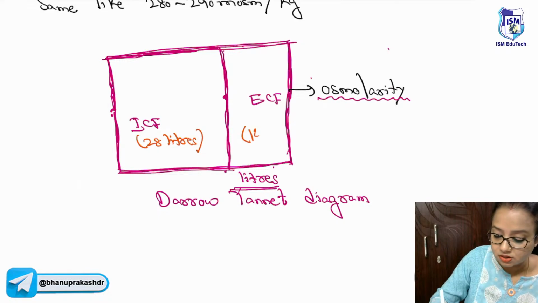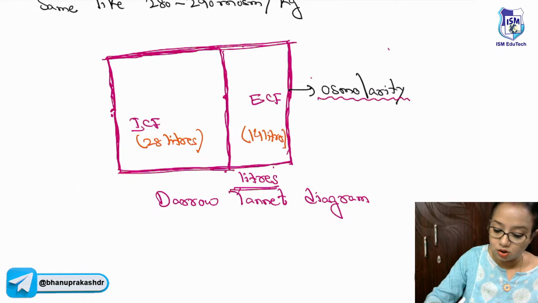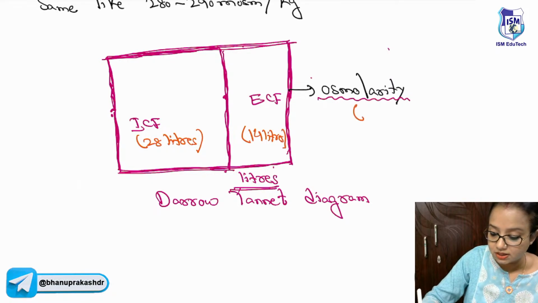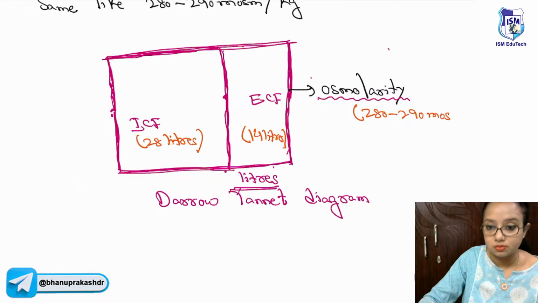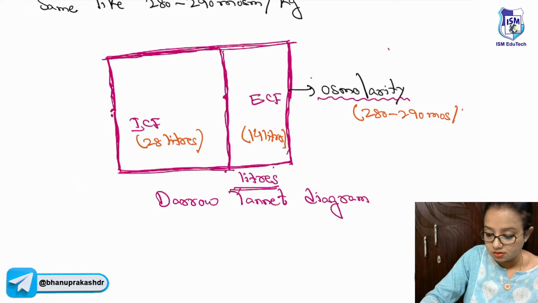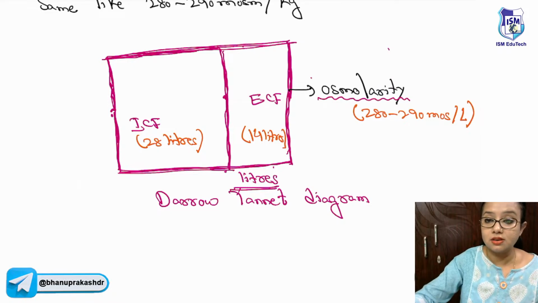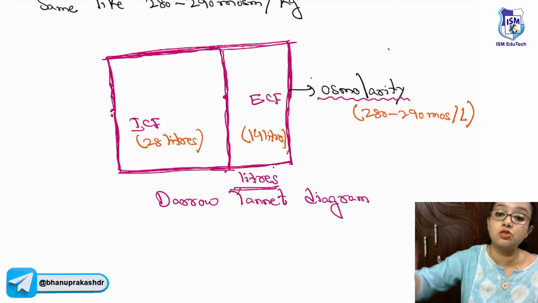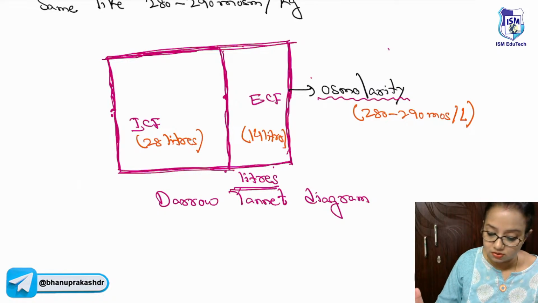The ECF is 14 liters. So this is the volume. And what is the osmolarity? It is, say, 280 to 290 milliosmol. Here I am writing liter because we are going to talk in case of any external liquid that we are going to infuse. So this is the normal cell.